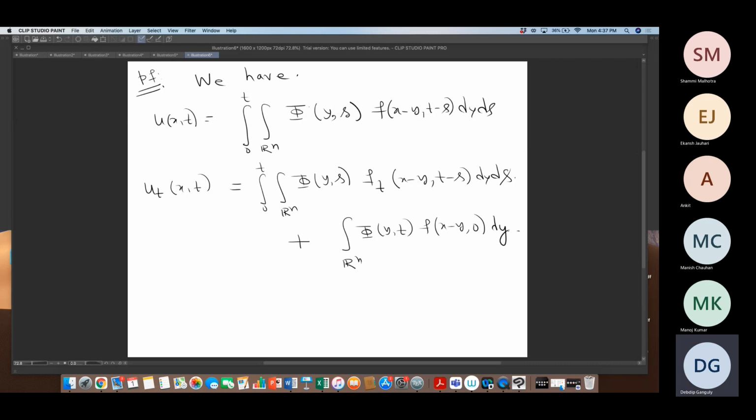Any understanding why, when I take the derivative, there is this plus this? You know differentiation under the sign of integration? Anyway, you check. Everything I cannot tell you.